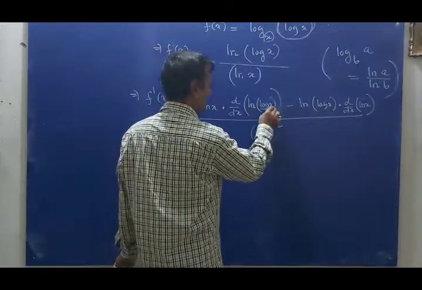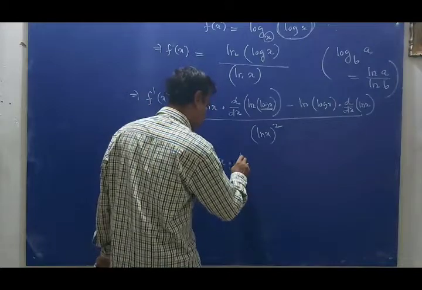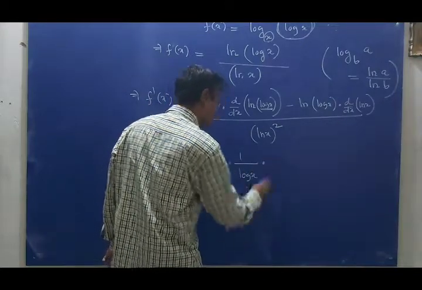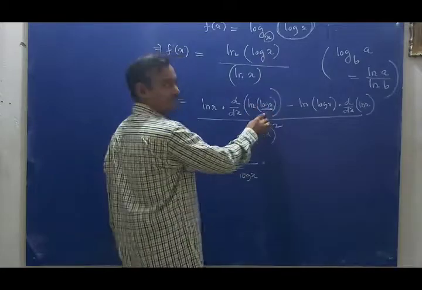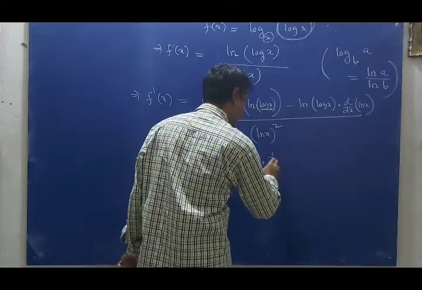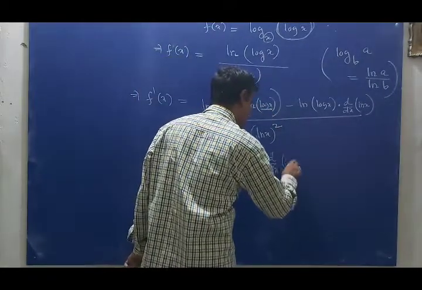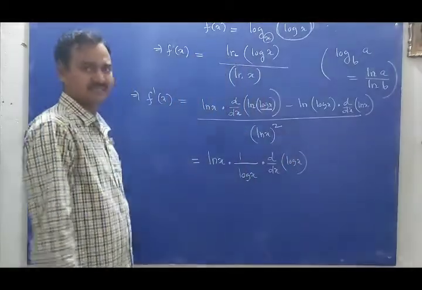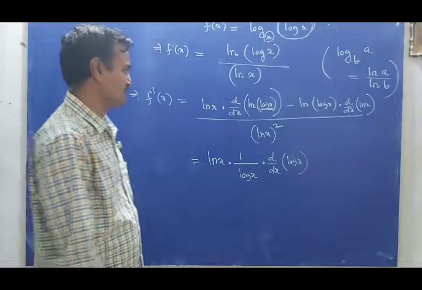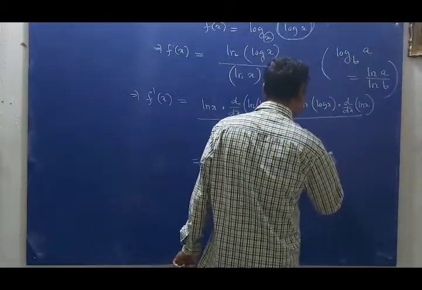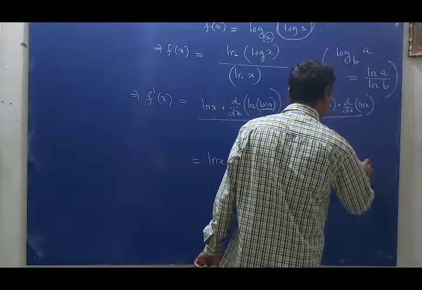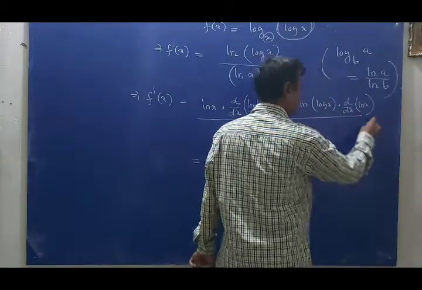So ln of log x: 1 by log of x into derivative of log x, minus ln of log of x into derivative of ln x.